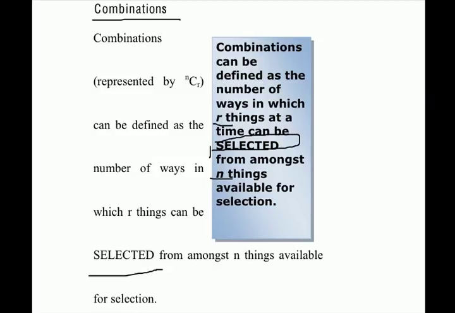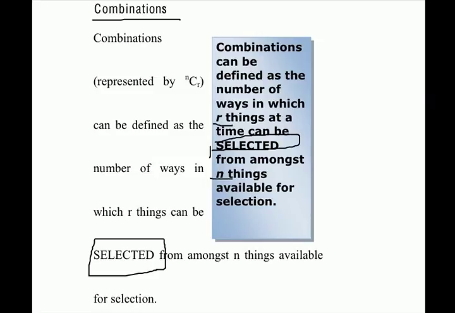Now please note the difference. Here it's only selected, not arranged. So the way those things might be arranged does not make any difference in the number of combinations, because we are only doing the first step here. We are only doing the selection and not the subsequent step, which could be an arrangement.